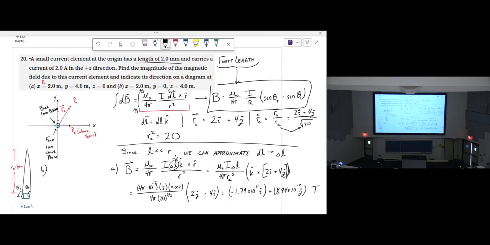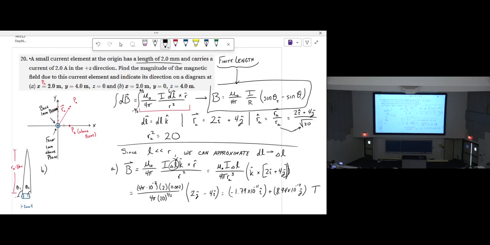What changed here? We brought it down onto the x-axis. So we have no component of y in our radius r sub b, but we do add a component r sub z. You wouldn't consider the z component because we'd be crossing into dl, which is in the k direction.